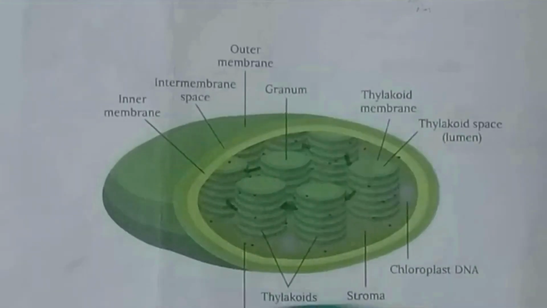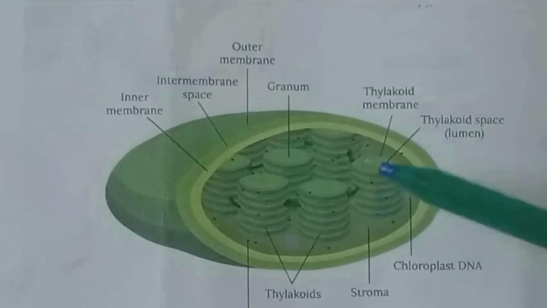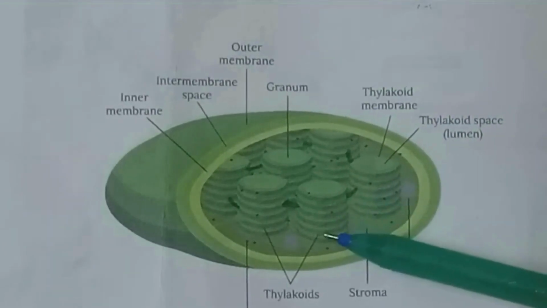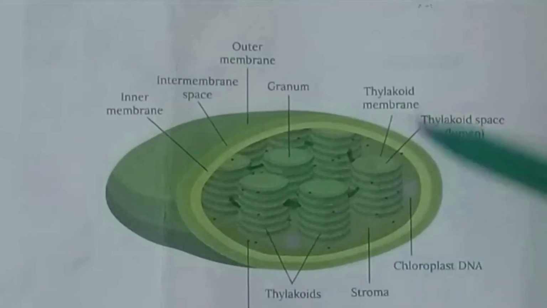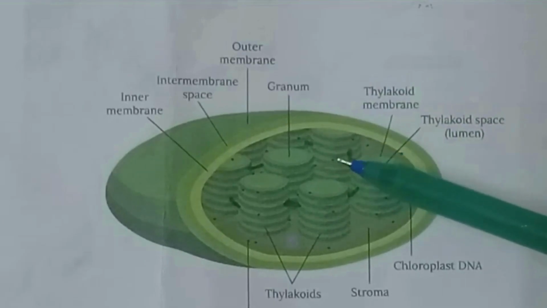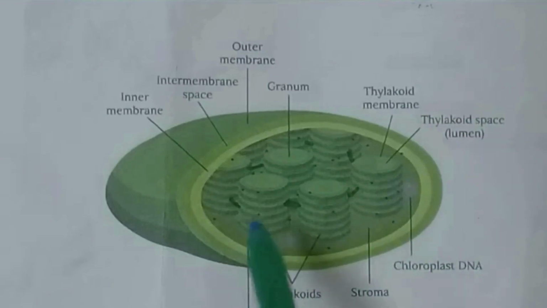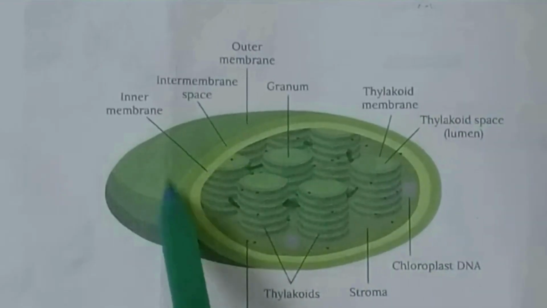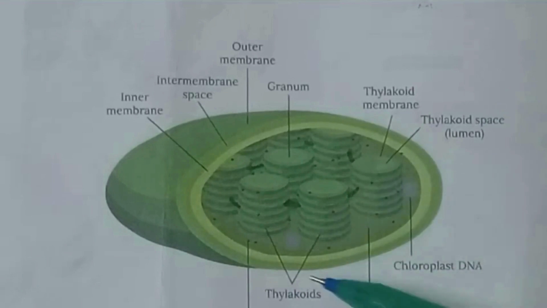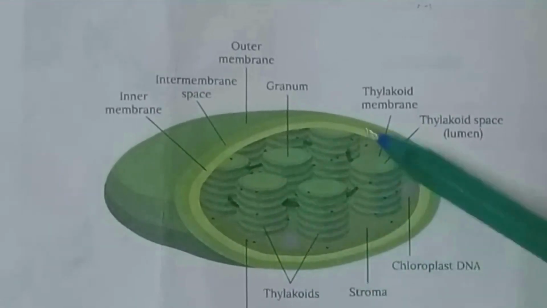These consist of 70S ribosomes, which are smaller than the cytoplasmic ribosomes. And as we already discussed, these chloroplasts consist of pigments like chlorophyll, which trap light energy essential for photosynthesis. These perform photosynthesis, with the light reaction in the thylakoids and the dark reaction in the stroma.